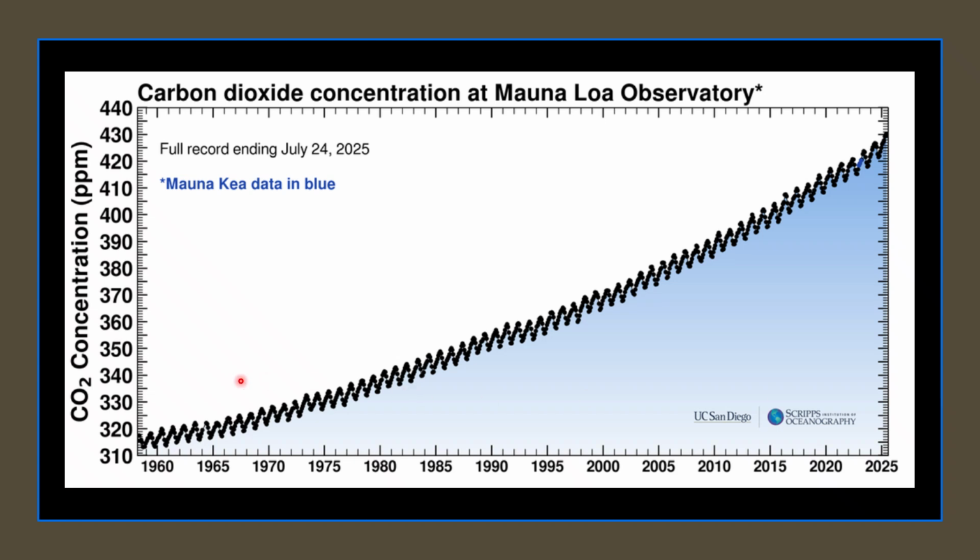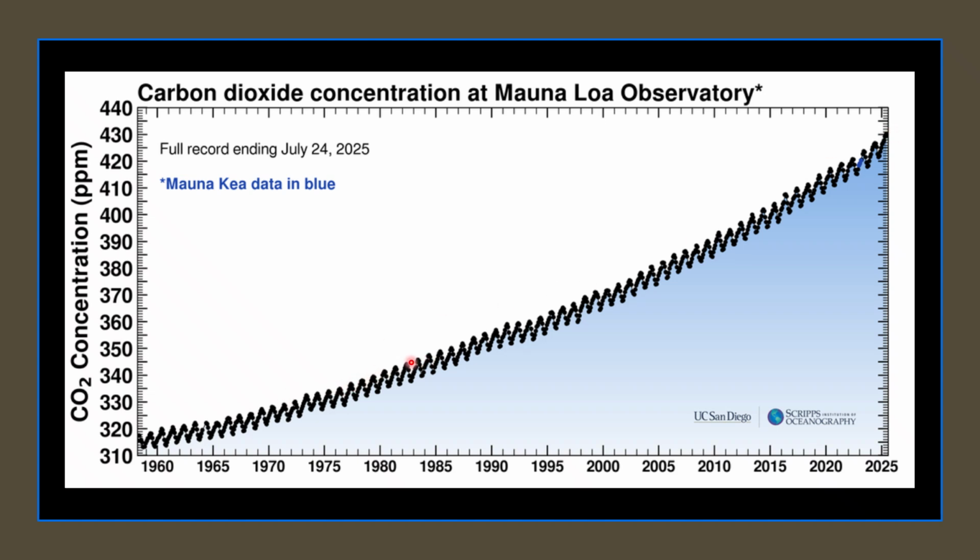I knew I could get there. And what you can see here is this oscillation in carbon dioxide concentration in the atmosphere throughout the year, steadily increasing over time until you get to the present day of 2025.